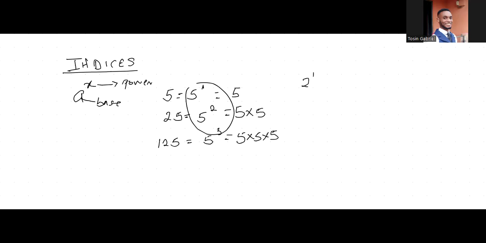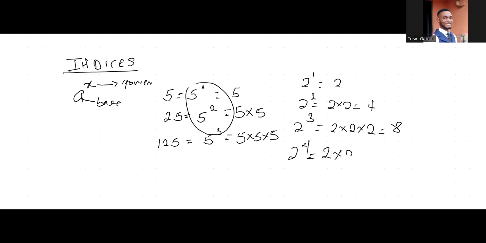Then 2 raised to the power of 2 can also be 2 times 2, which is 4. And 2 raised to the power of 3, which is the same as 2 times 2 times 2, which is 8. And 2 raised to the power of 4, which is 2 times 2 times 2 times 2, which equals 16.